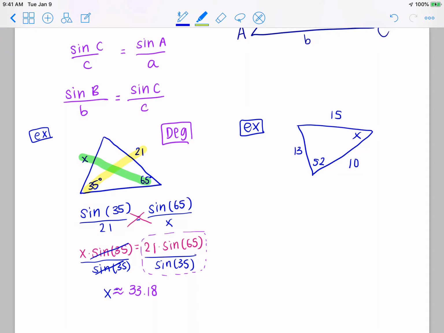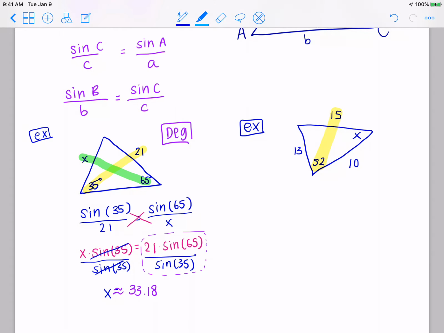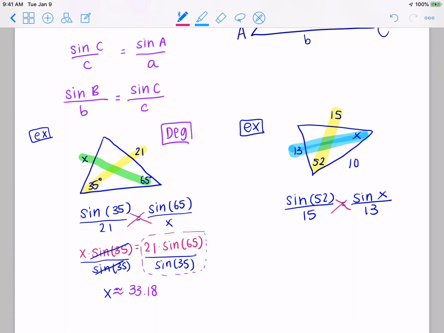Definitely I see a pair, because I have an angle and the length right here, and I have another pair with the x and 13. So we set up sine 52 over 15 equals sine x over 13. Cross multiplied, we have 15 times sine x equals 13 sine 52.